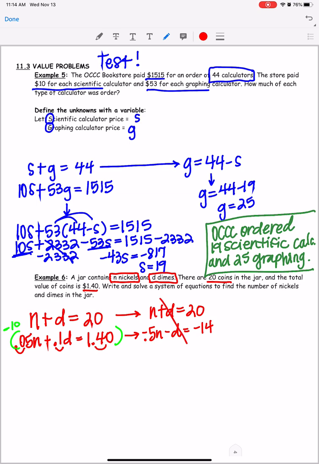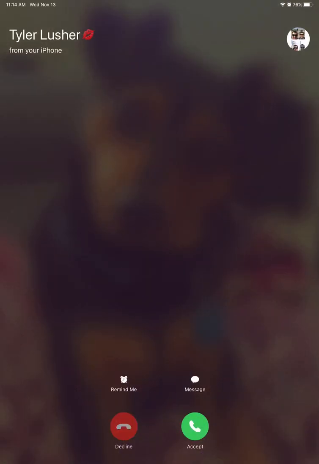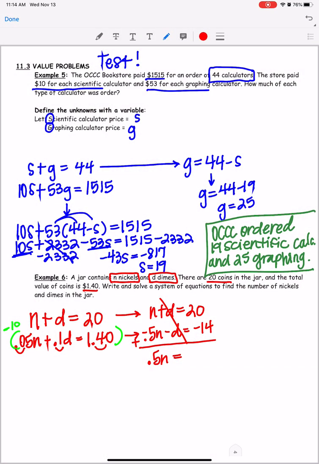So now my D's cancel, and I'm going to add what's left. So 1 plus a negative 0.5 is 0.5n equals 20 minus 14 is 6. And now divide by that 0.5.